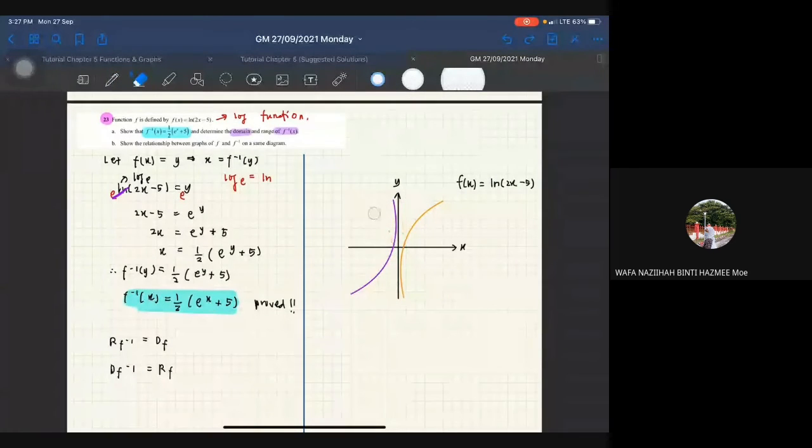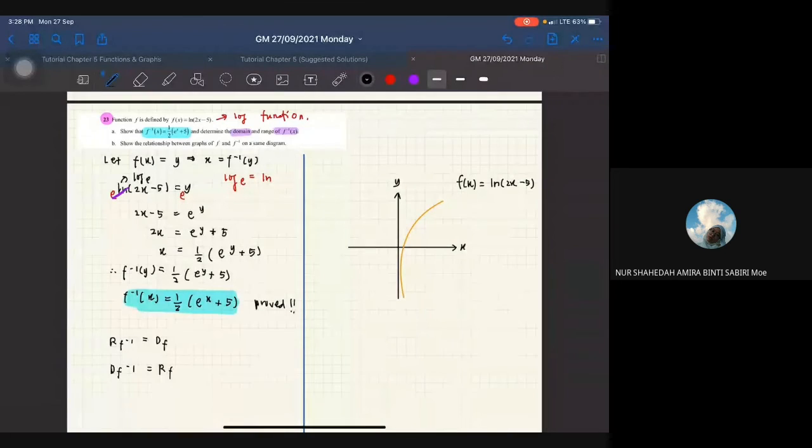Lebih kurang macam ni. Sebab dia punya x positif, y dia pun positif. Okay, so bila awak tengok dekat graf ni, awak punya range daripada mana sampai mana? Negative infinity to infinity. Exactly. So range kita sekarang, it is from negative infinity to positive infinity.